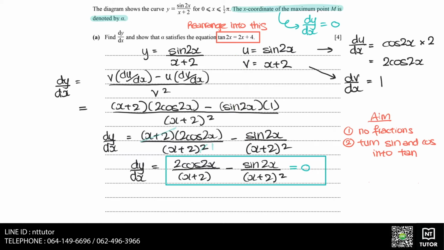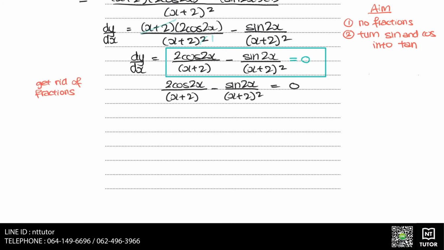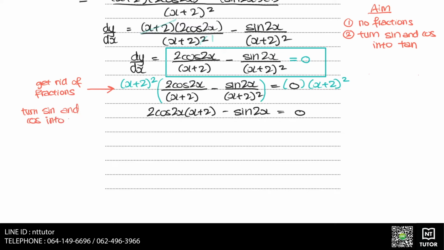The first step, we can get rid of the fractions by multiplying both sides of the equation by the lowest common multiple of the denominators of both fractions. So that's multiplying both sides by x plus 2 squared. The next step is to turn the sin and the cos into a tan, and we can use the trigonometric identity tan theta equals sin theta over cos theta.